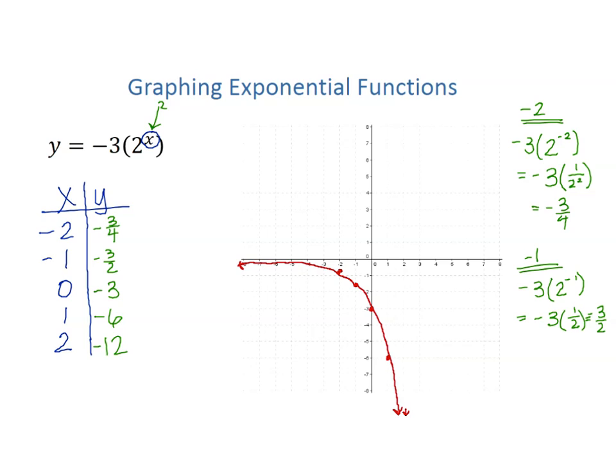Well, remember, as our exponents get more and more negative, for example, 2 to the -3 and 2 to the -4 and 2 to the -5, here's what we're going to get. 2 to the -3 is 1 over 2 to the third, which is 1/8. 2 to the -4 is 1 over 2 to the fourth, which is 1/16. 2 to the -5 is 1 over 2 to the 5th, which is 1/32.